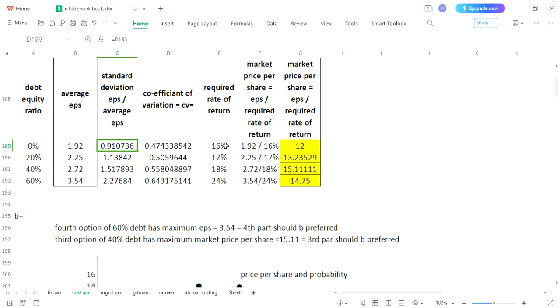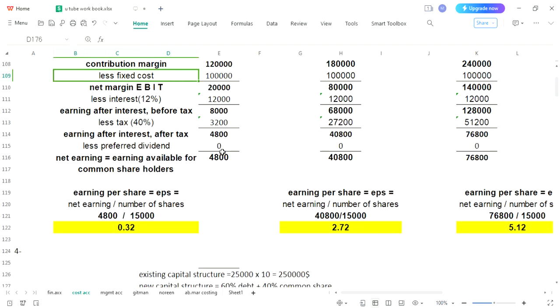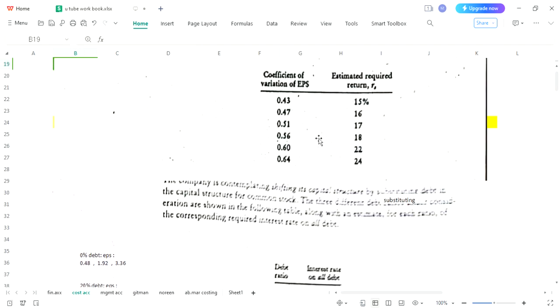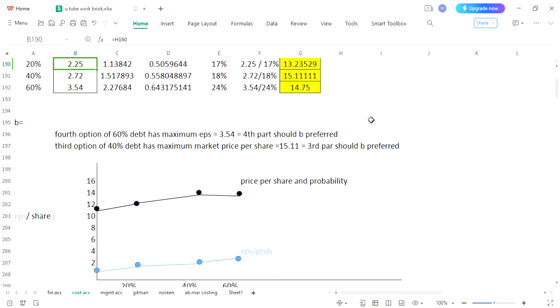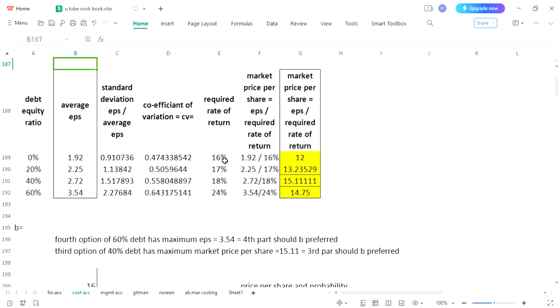So please match it. For the 0.47 CV which we calculated, the required rate was 16%. In this way, for other CVs, 0.5 the rate was given as 17, 0.56 the rate was given as 20, 0.64 the rate was given as 24. So the required rate of return was taken from the book according to our CV, and this EPS was divided by this rate to calculate share price.